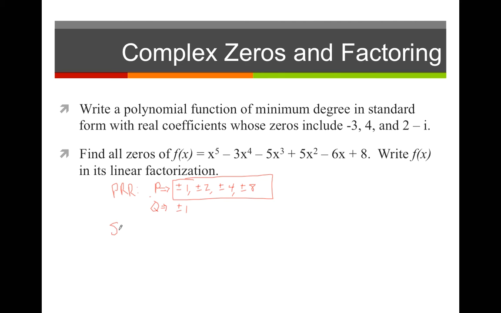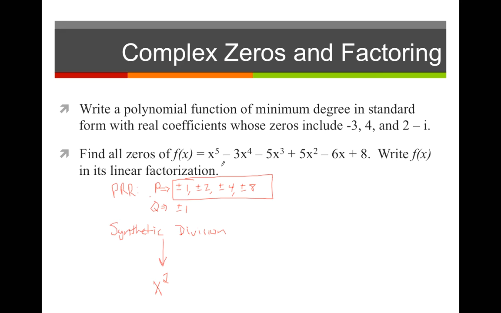So then you're going to do synthetic division all the way down. Notice this is x to the 5th power. You might or probably will get 4 or 3 of these. You need to go all the way down to a quadratic before you're allowed to do anything else.